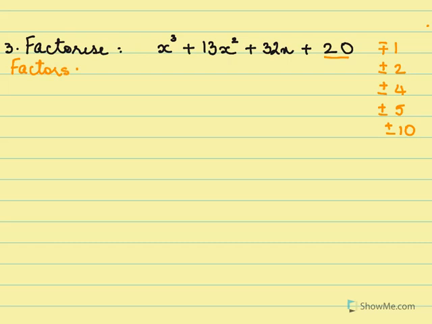So the factors could be x plus 1 or x minus 1, x plus 2 or x minus 2, x plus 5 or x minus 5, x plus 4 or x minus 4, or x plus 10, x minus 10.